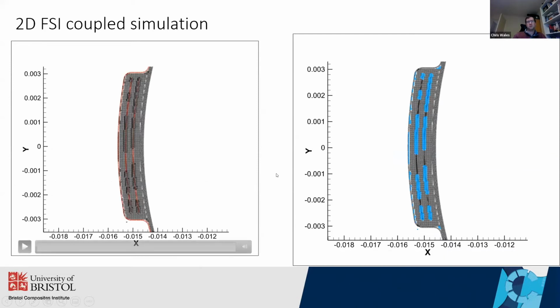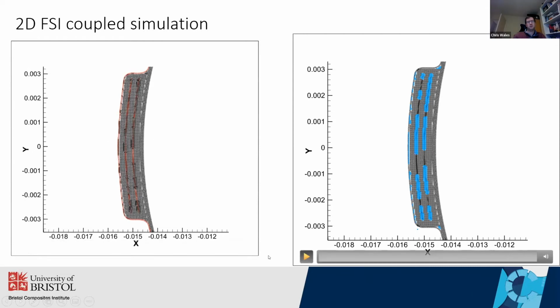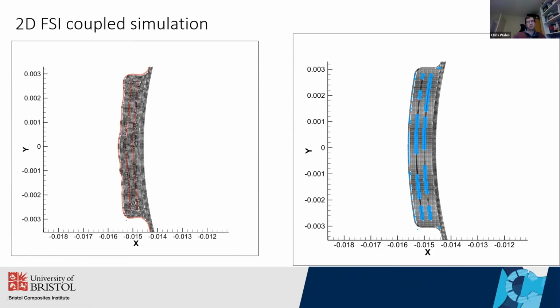So we've done some initial proof of concept 2D FSI simulations. The video on the left shows the fiber and resin layers, and the same simulation on the right shows the response of the gas region.